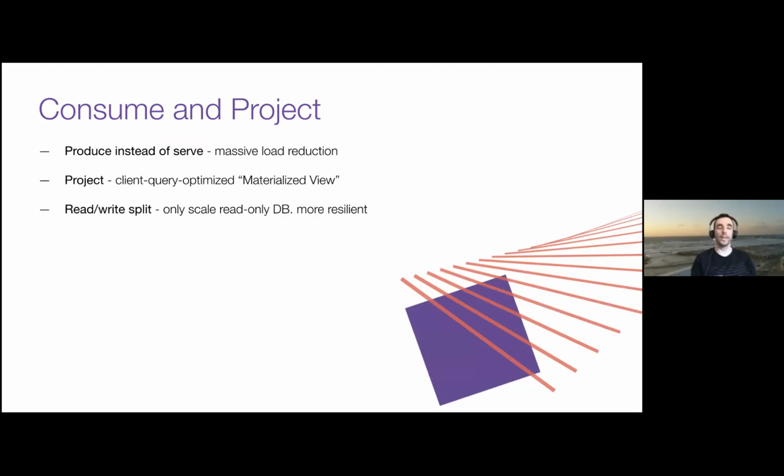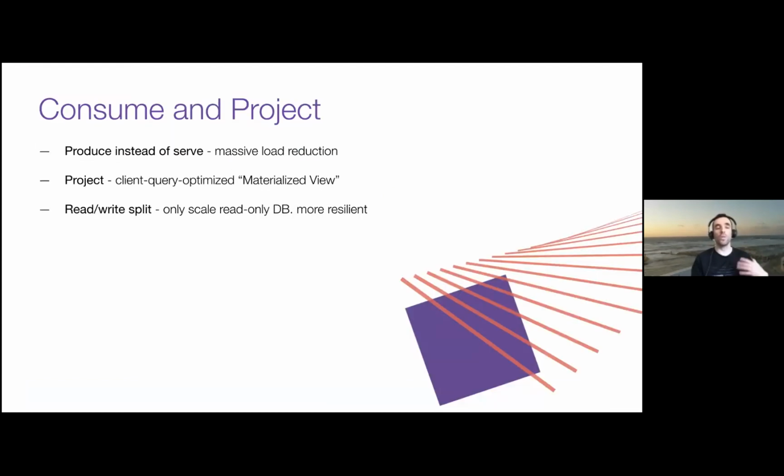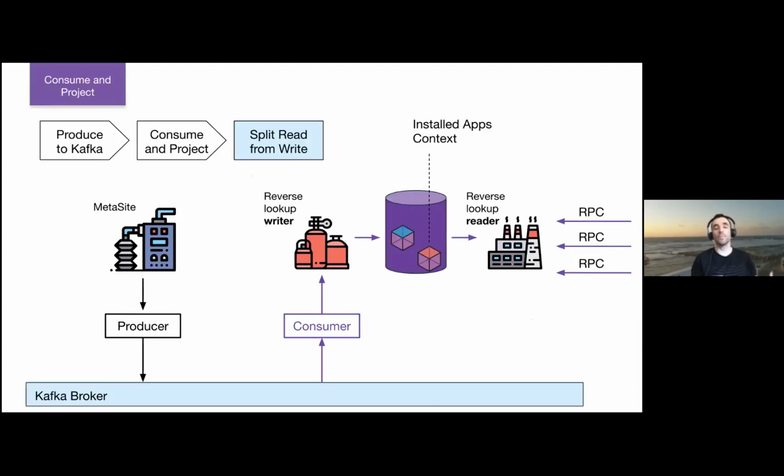And also importantly here, there is this read-write split between a writer service and a reader service. With this approach, it was really easy to only scale the reader databases. So we can have replicated instances of the data for read-only state.